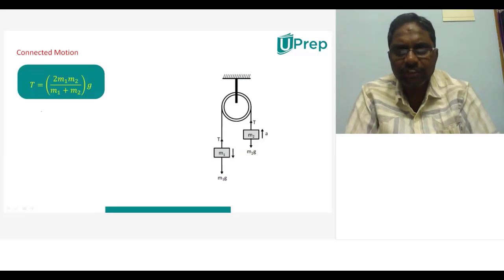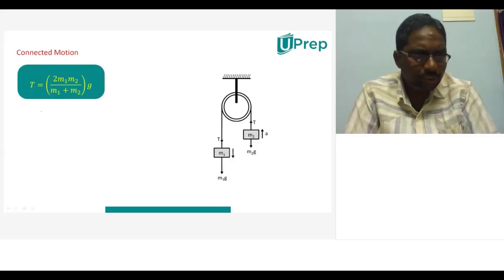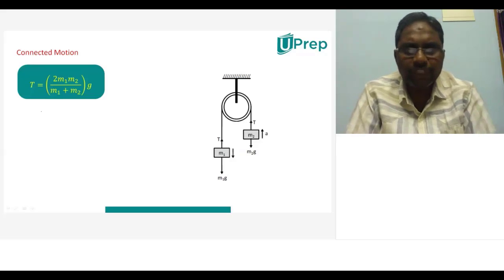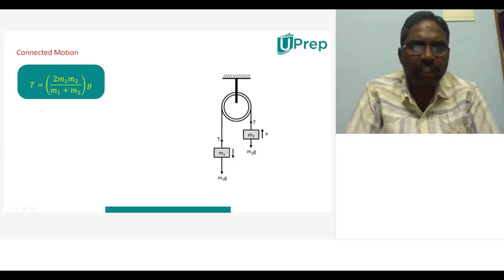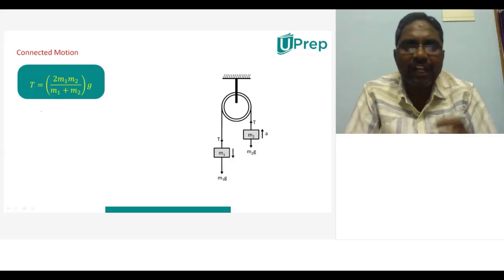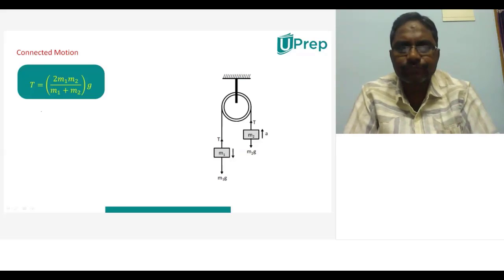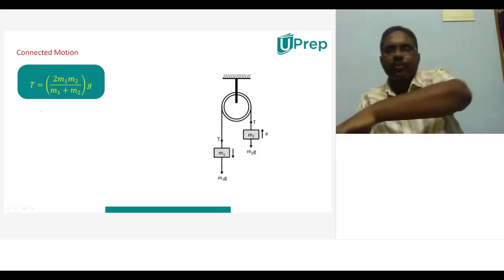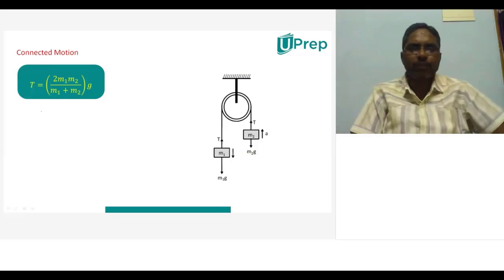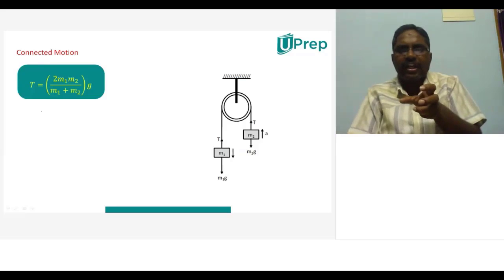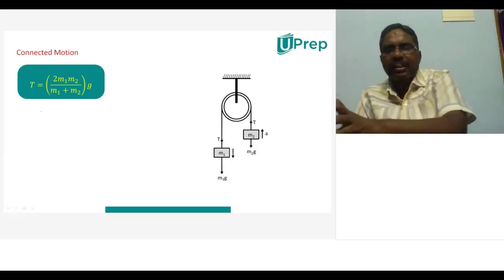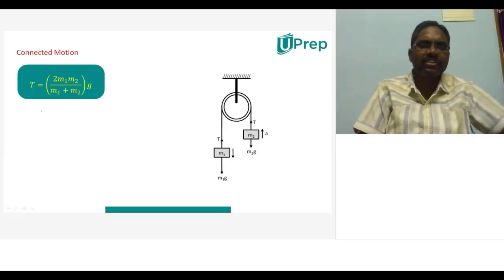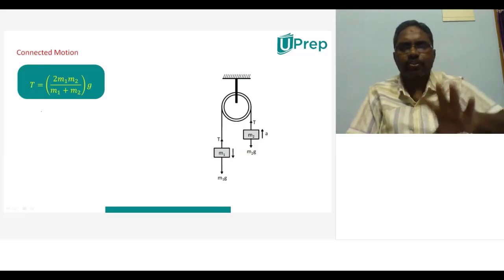Now, in the same manner, what we are doing today is learning about objects which are connected to each other. When they are connected, how will they move, which side the force will be more, in which direction it is moving, how many forces are acting on it, and what will be the resultant acceleration and the resultant tension. Like that we are going to discuss today.